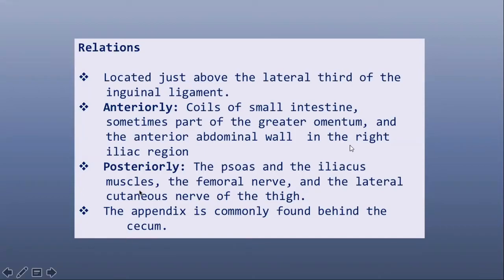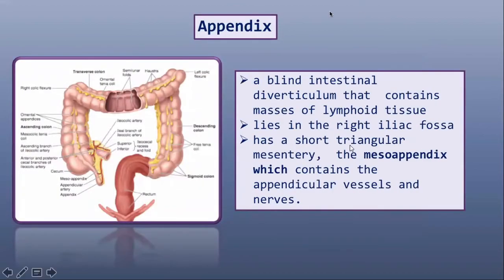The appendix is commonly found behind the cecum, retrocecal. Now the appendix is a blind intestinal diverticulum containing masses of lymphoid tissue, which you will find histologically.